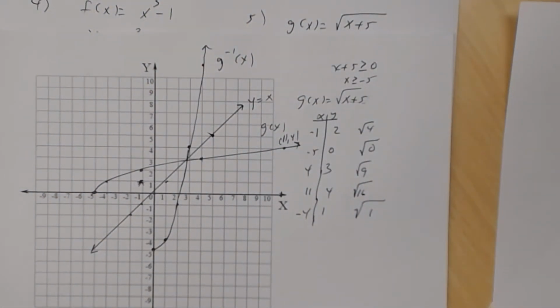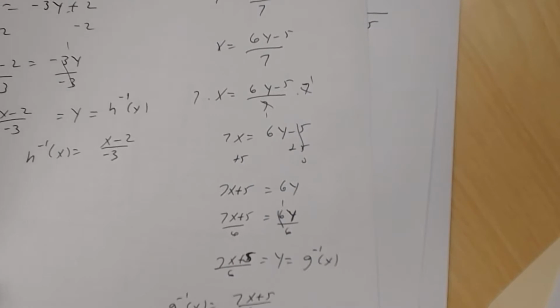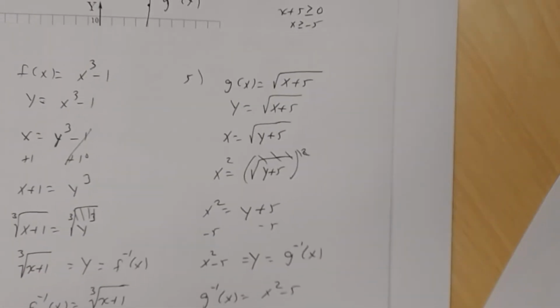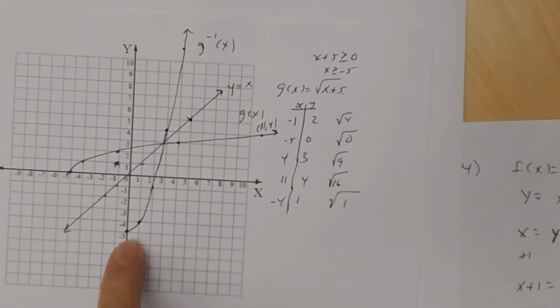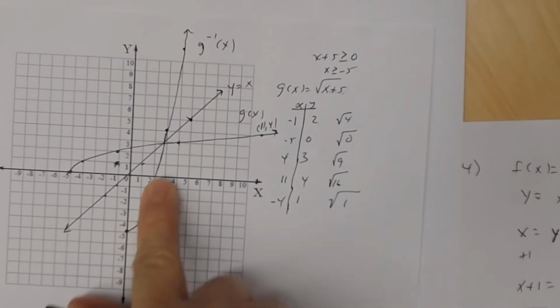All right, now I want you to notice this. When we found the inverse, right here, g inverse, this is quadratic. Our inverse is quadratic, which is correct, but when I graphed it, that's not a parabola. You see? That is half a parabola.